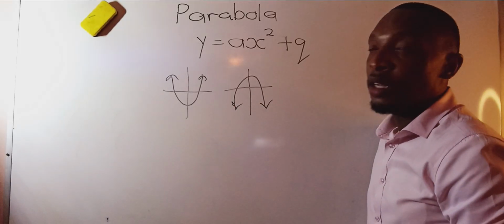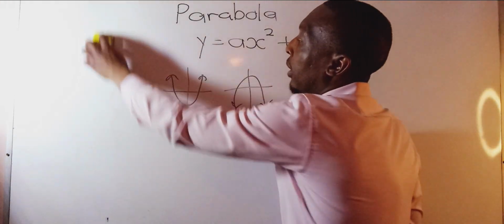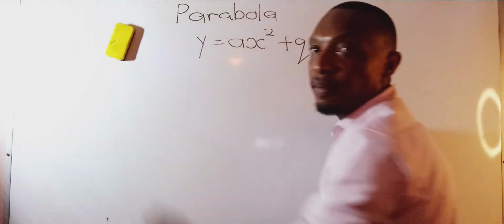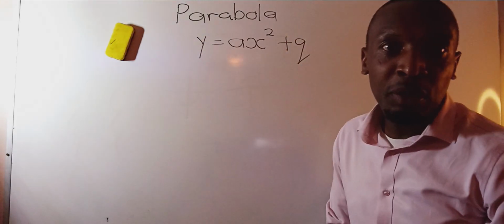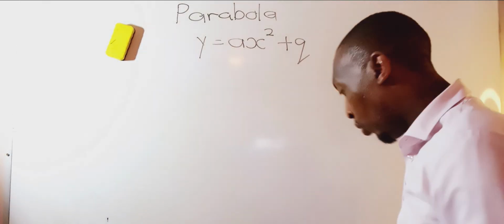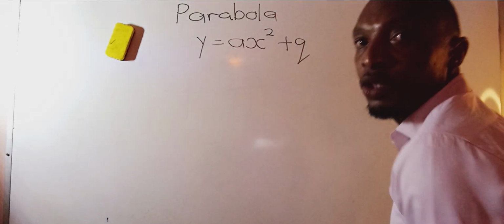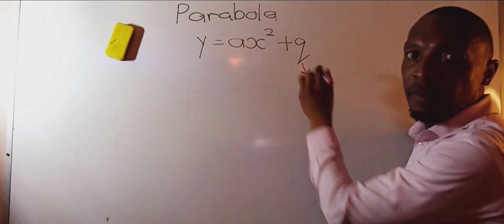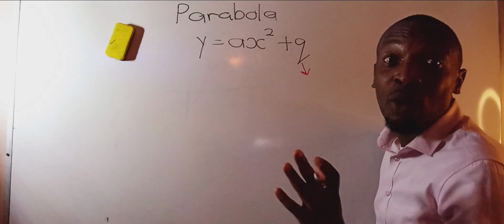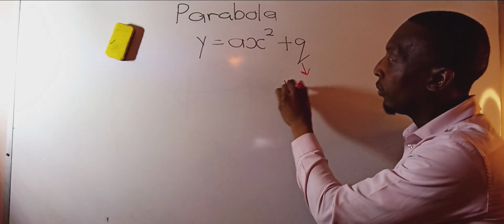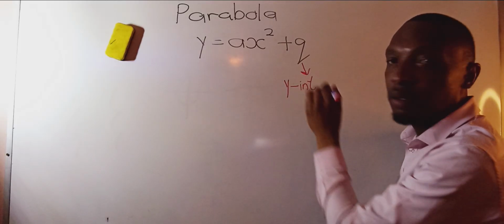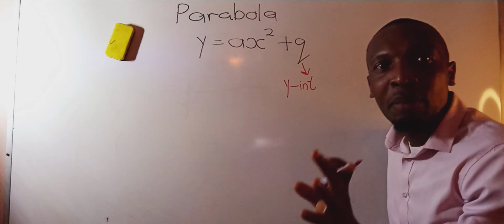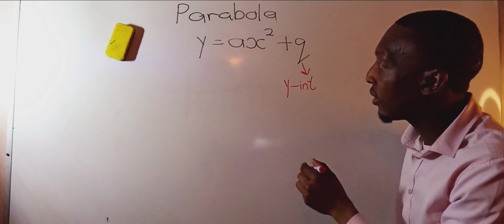I want us first to look at each of these variables and what they stand for. Let's talk about the constant. This is my y-intercept, so it tells me where my graph cuts the y-axis.